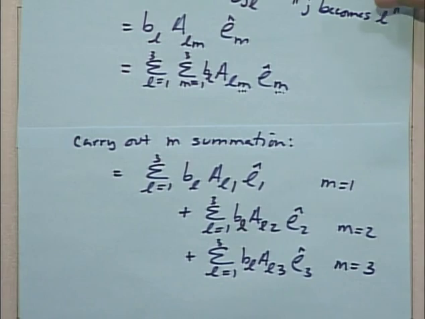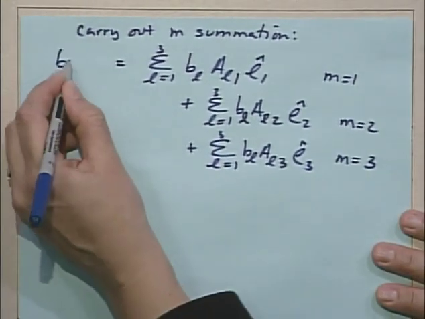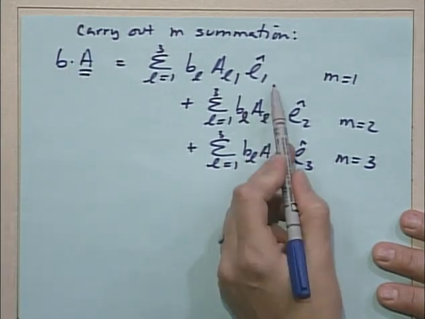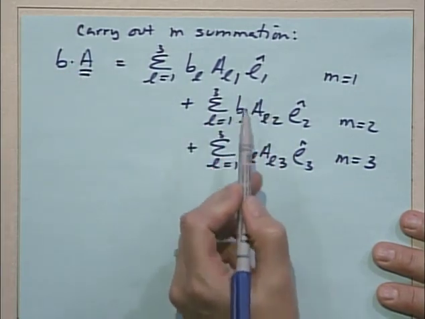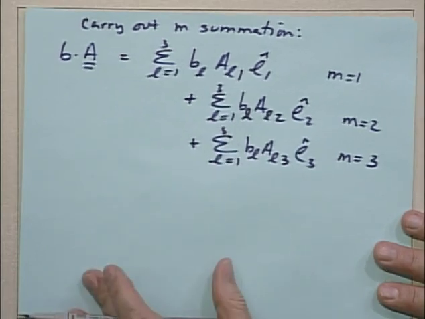Now we can see it's a vector. This is the 1 component. This is the 2 component. This is the 3 component.